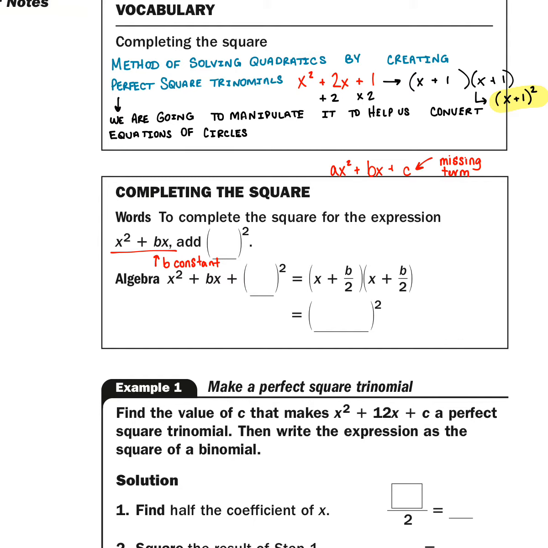And in order to find that missing term, the key lies in the b. We're going b over 2 squared. Anytime I want to complete the square, I've got my ax squared plus bx, and I'm going to add b over 2 squared. B over 2 squared every time.